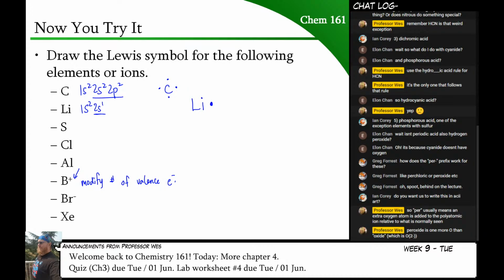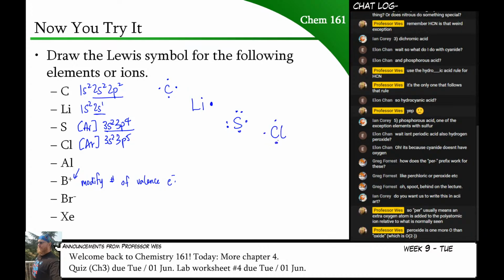All right, for sulfur, we've got 3s2, 3p4. So sulfur would look like this. There are 6 valence electrons: 1, 2, 3, 4, 5, 6. I just go around and around, and wherever I end up is where I end up. For chlorine, same thing, but 3s2, 3p5 instead.